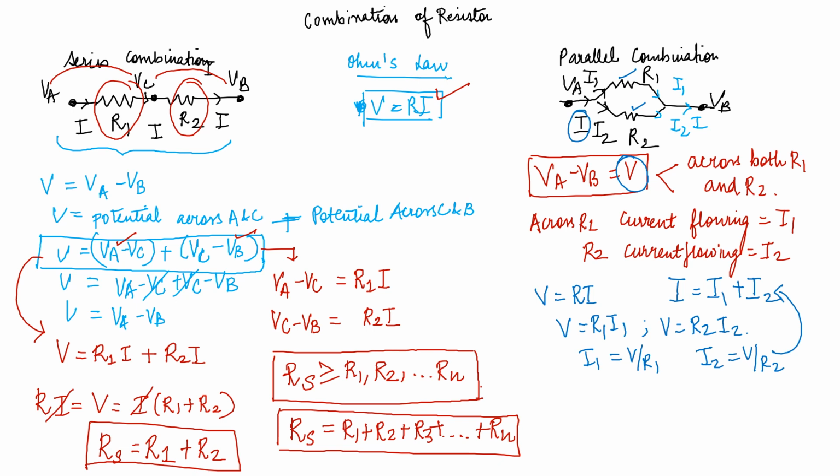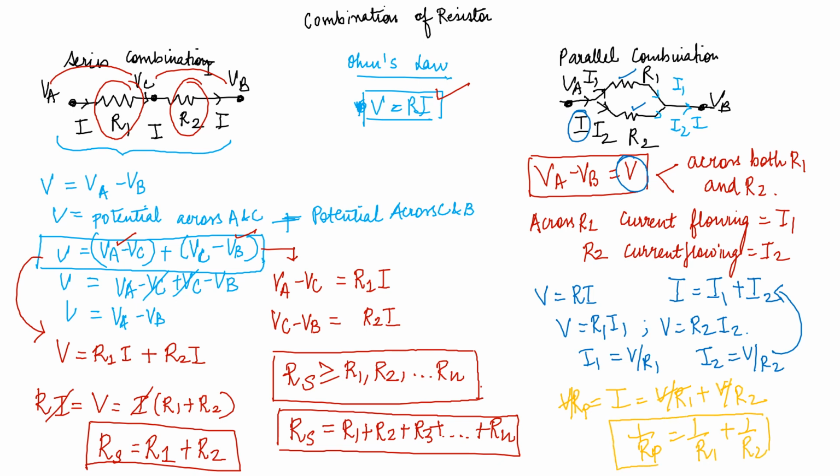Substituting these values over here, we get I equals V upon R1 plus V upon R2. This I equals V upon Rp. V being common in all three cancels out, and we get 1 upon Rp equals 1 upon R1 plus 1 upon R2.